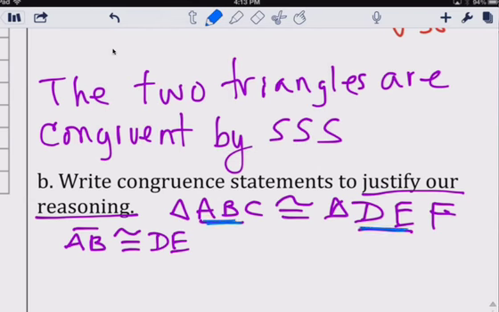And then line segment BC is congruent to EF. Okay? BC is congruent to EF. Line segment. Okay? Now, we didn't do AC is congruent to DF. Uh-oh.